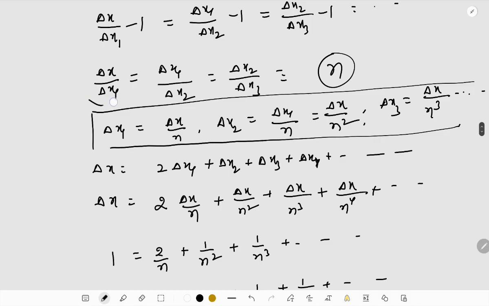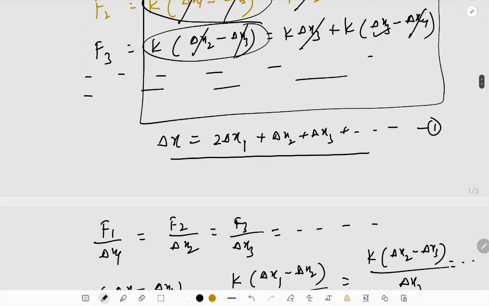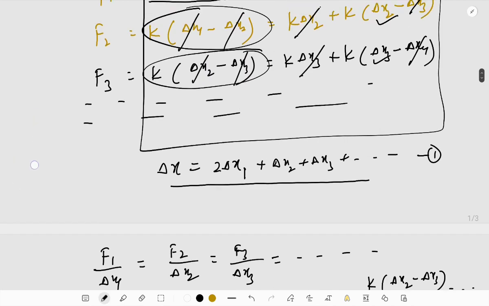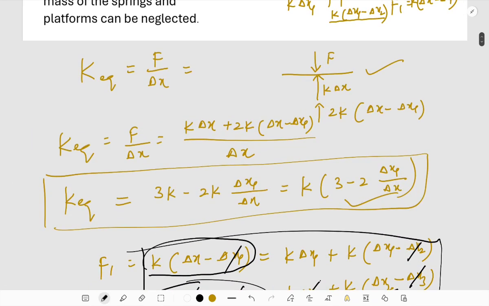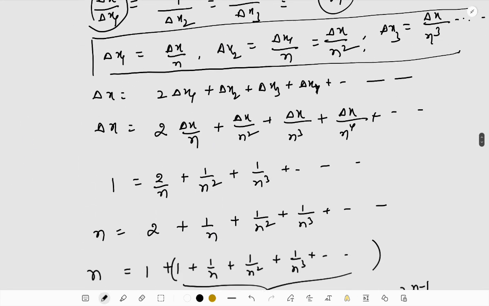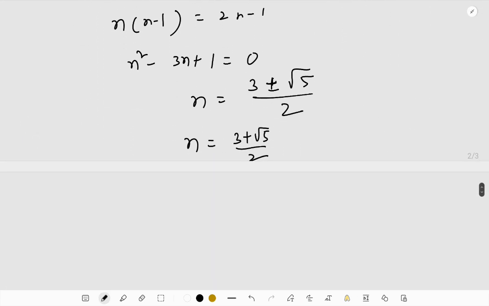and you can see here that this n is equal to delta x by delta x1. We were looking for this to solve this problem. Finally, to solve this problem, we needed delta x1 by delta x, but we got delta x by delta x1 after getting n.